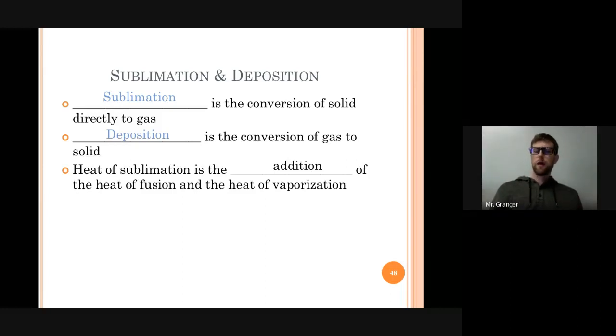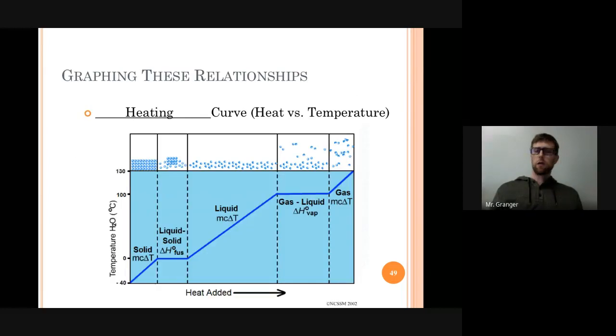So I just wanted to remind you of these terms and these processes, and wanted to look at these graphs today. This is what your assignment's going to be focusing around today, a graph similar to this. So you can see on the graph, this is the heating curve of water, right?